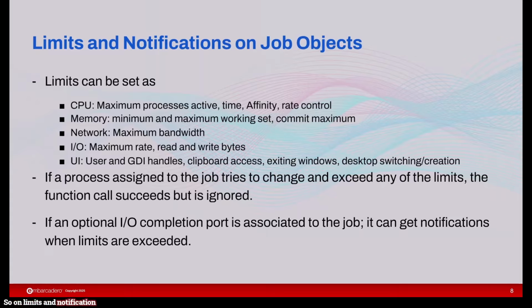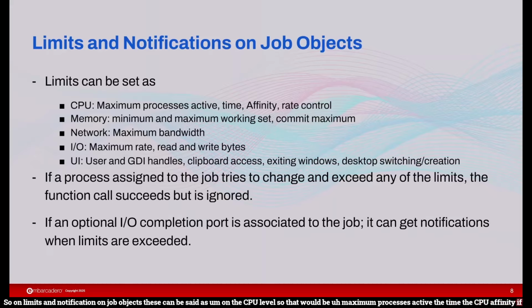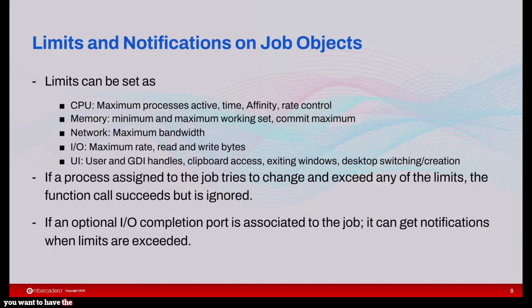On limits and notification on job objects, these can be set at the CPU level, so that would be maximum active processes, the time, the CPU affinity if you want to have the processes running on a specific core or multiple cores, and the rate control, as you might want to throttle things down to test something.